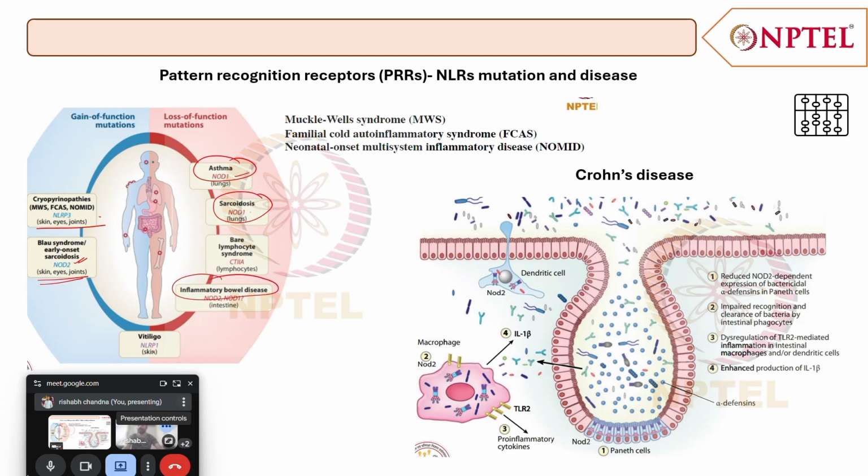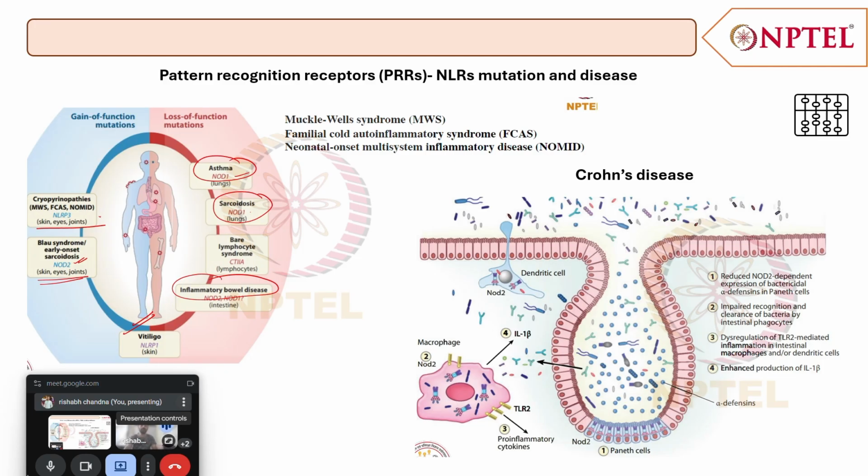Okay, and if there is any NLRP1 mutation, that can be gain of function or loss of function, that can cause vitiligo, which is associated with the skin. So any of the mutations in the NLR receptors lead to various diseases.